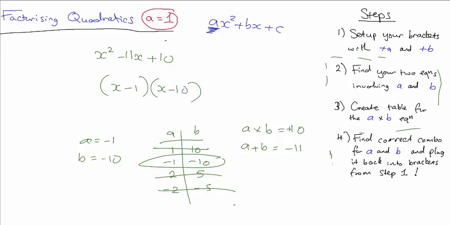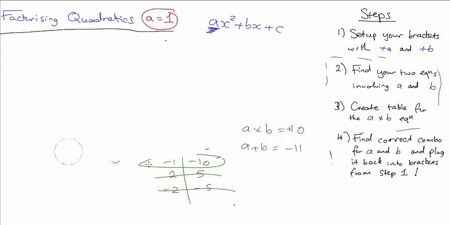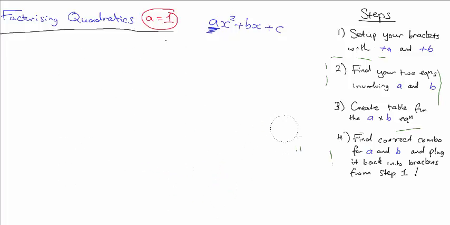Alright, so, final one. Final type. We'll run you through 3 examples anyway. Does that one even factorize? Yeah, it does. So here's a final type, where you've got a positive amount of x's and a negative number at the end.